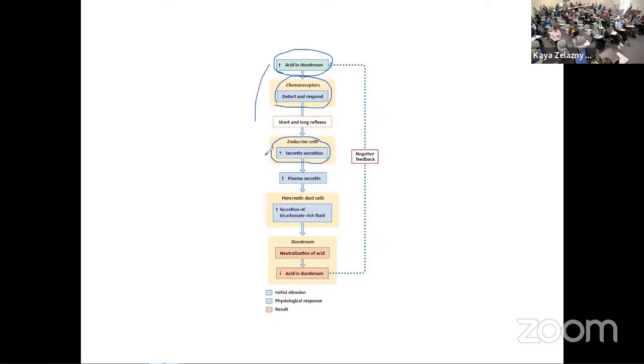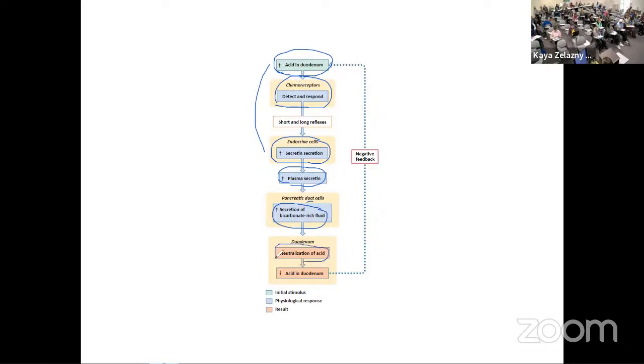The secretin and acid go together. That secretin would get into the plasma, get to the duct cells of the pancreas, telling us to secrete bicarbonate in order to buffer out that acid, essentially.